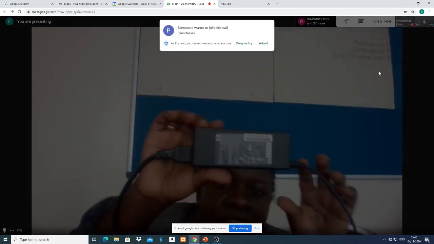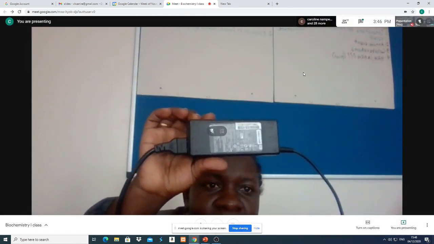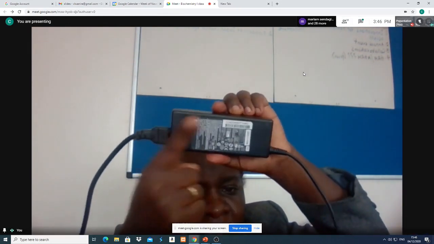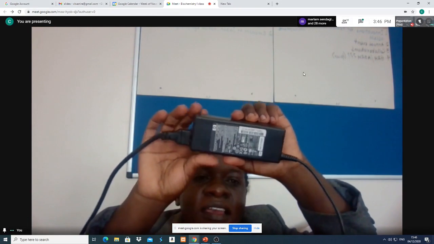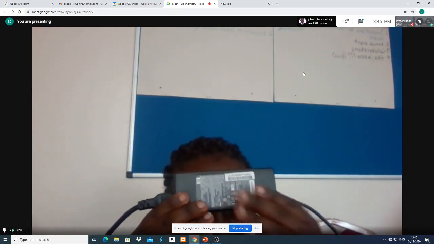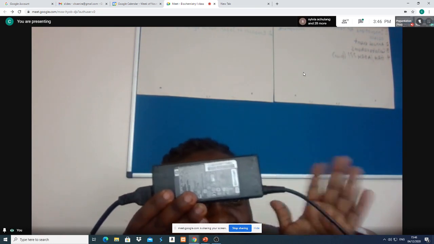Adapter. Let us assume this one in the middle is the adapter. Okay, right. Adapter.